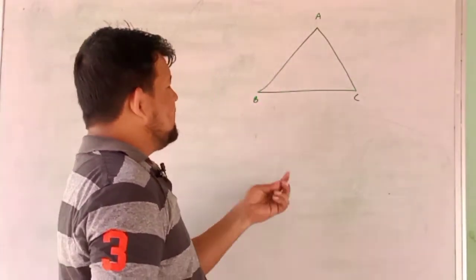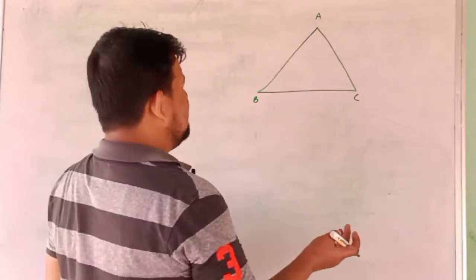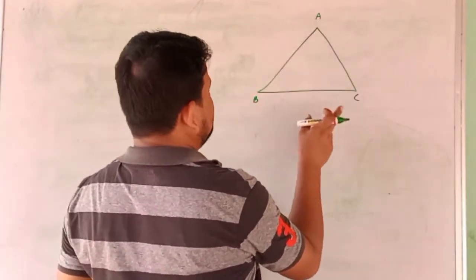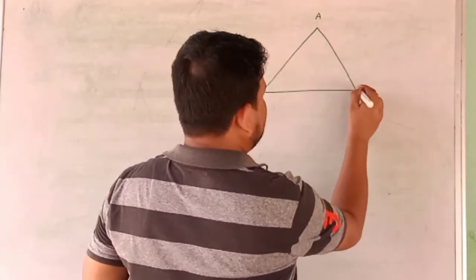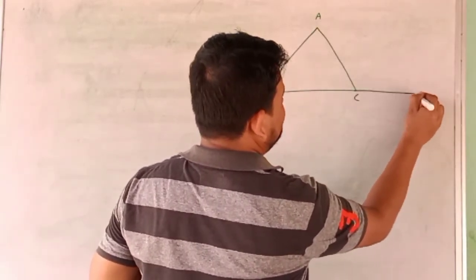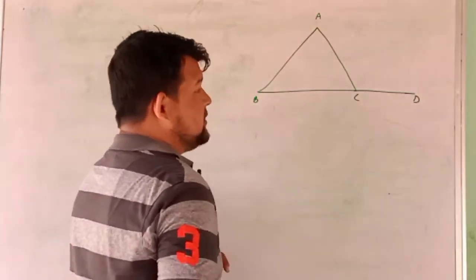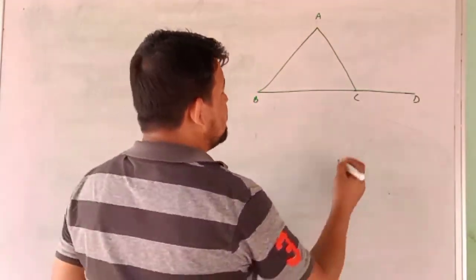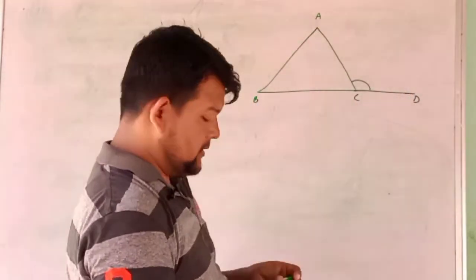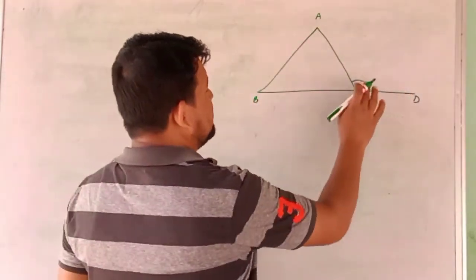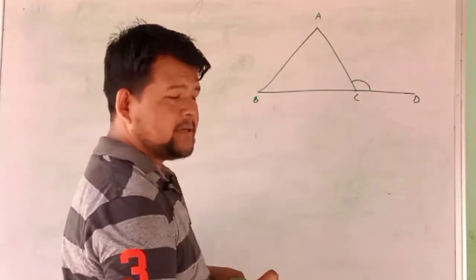If BC is produced up to D, then you see here we can get one angle which is outside the triangle.